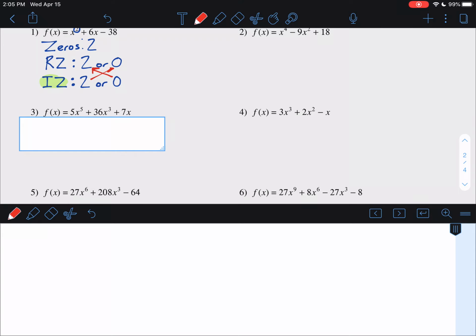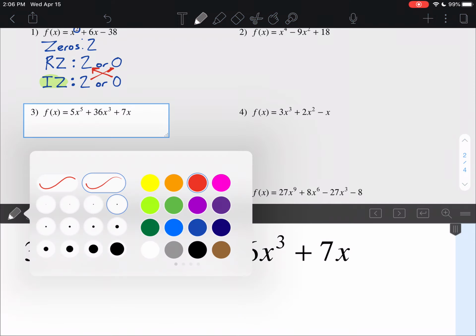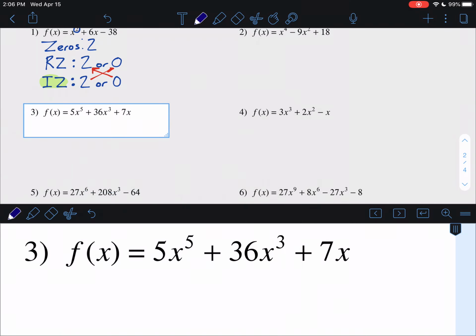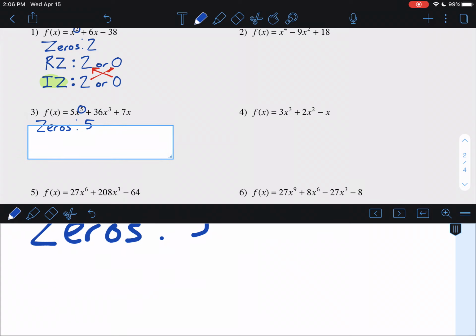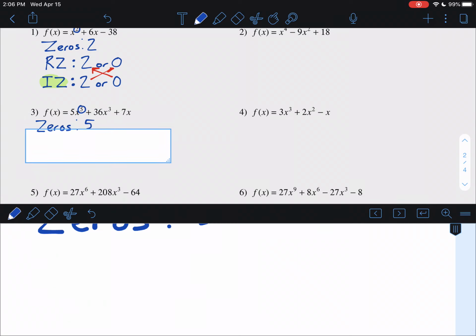So looking at number 3 now, this has a degree of 5, which means the number of zeros is 5. There are 5 total. I'll start with imaginary zeros.